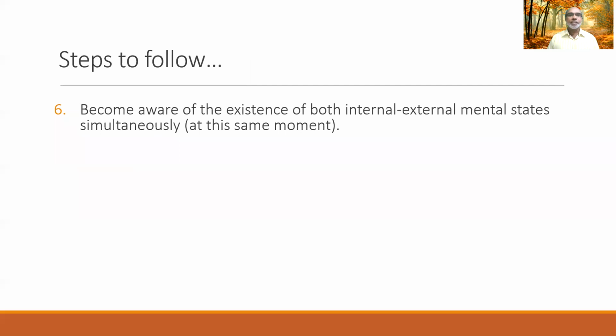The sixth step is become aware of the existence that mental states are present internally as well as externally. So your own mental state and others' mental states, put them all together, identify them as all mental states, whether internal or external, at the same moment.